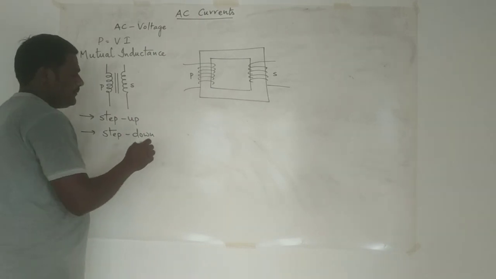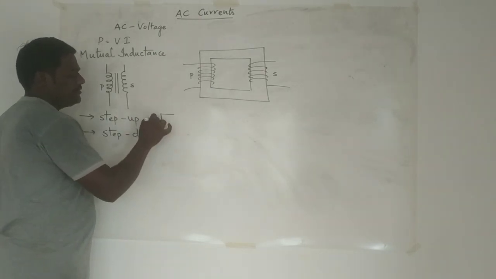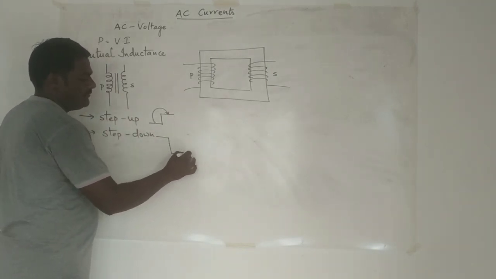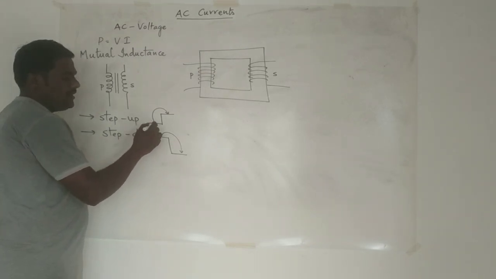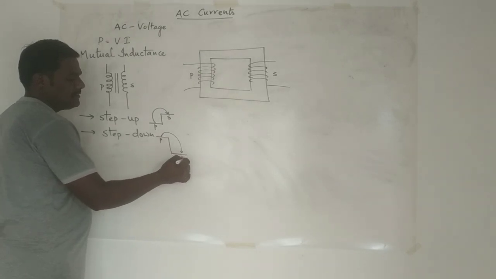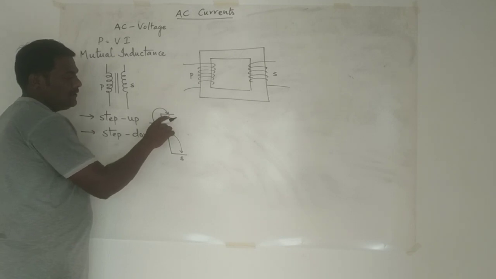What is step-up? You can imagine it this way, as in steps. This is step-up. Just for understanding. What is step-down? This is step-down. Here, initially you take it as primary, and the other as secondary. Step-up means you are going from a lower primary level to a higher secondary level.